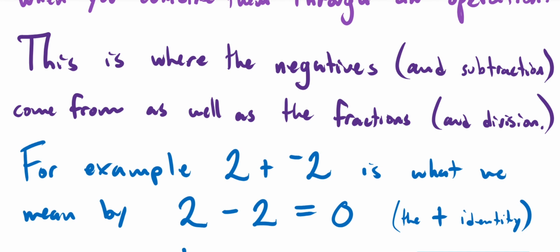But what does that mean? For positive numbers, you really can think of it in terms of subtraction, right? 2 plus negative 2 is exactly what you'd think of as 2 minus positive 2, and 2 minus 2 is 0. But it's the getting back to 0 that is really fundamental here.